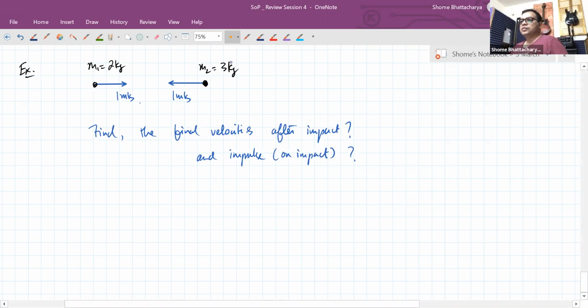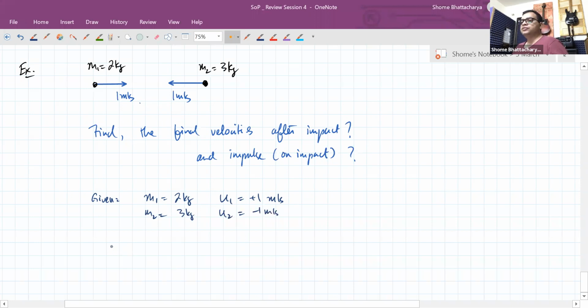Okay, so let's understand this question by various different methods. One is we can directly use the formula. So you can see that it's given to us that M1 is equal to 2 kgs, U1 is plus 1 according to the direction, M2 is 3 kgs, but U2 is equal to minus 1 according to the directions.